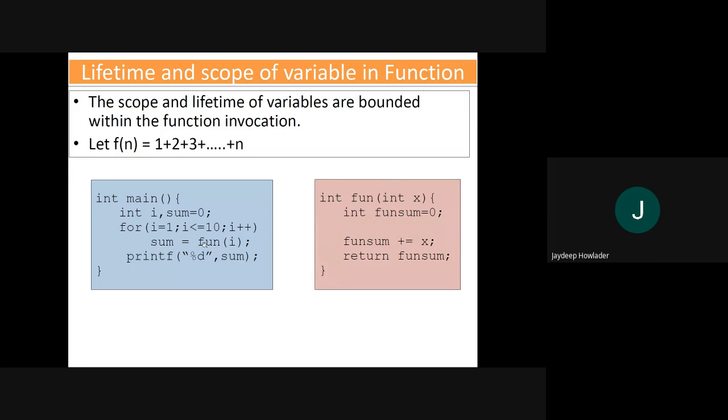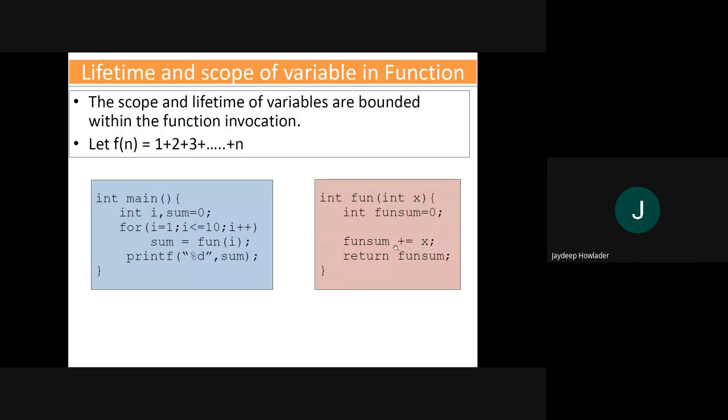Okay? So whenever I have the second call to this function, the value which was previously available in the function no longer exists. Again, a new instance of these variables is created. Again, a new instance of sum is created, initialized with 0. Then the operation will be 0 plus 2, because I am passing 2 into this function.